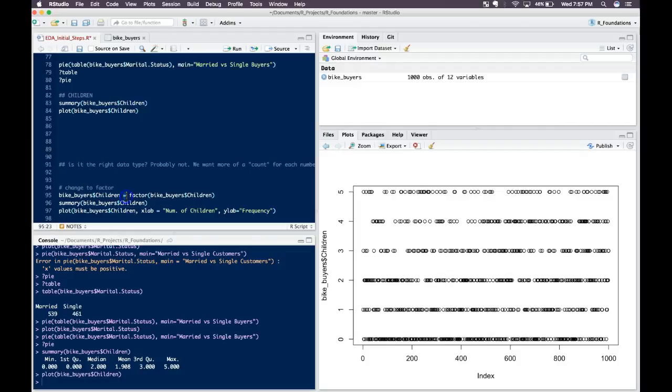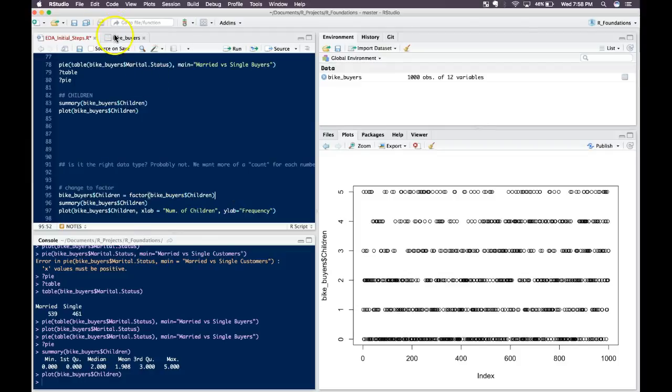And then you're going to overwrite this by changing the data type to a factor. So call the factor function, and it says, okay, bike buyers children. It's almost like you're calling itself on itself. You're saving itself over itself. But in reality, you're changing the structure of the data.